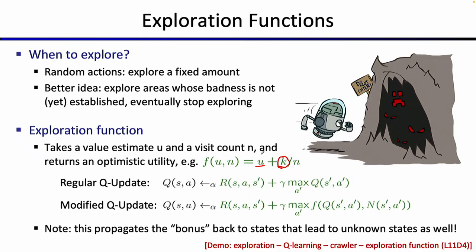Yeah, the question is, in this modified Q update, what is n of s prime? This is the number of times we have previously visited state s prime and taken action a. So just like a Q function, it's going to be a table of size number of states times number of actions.